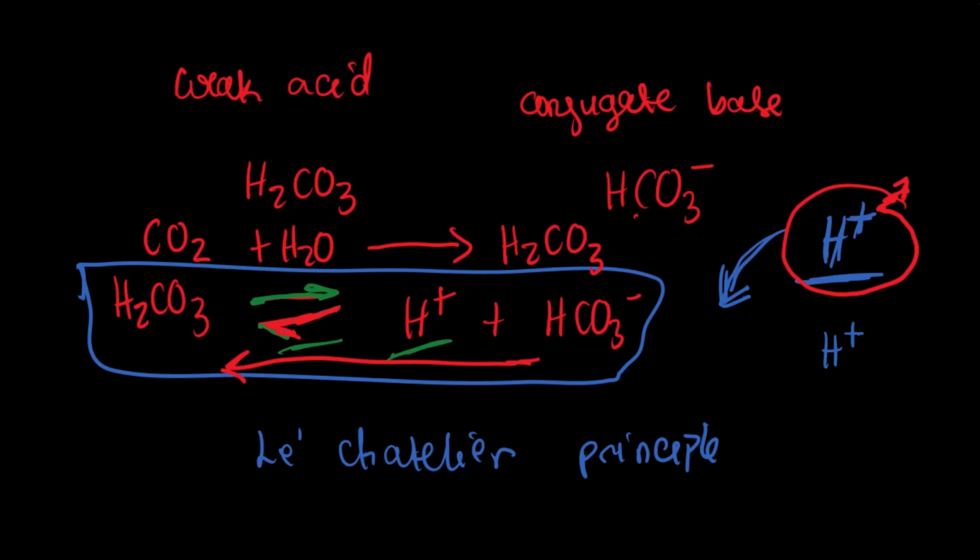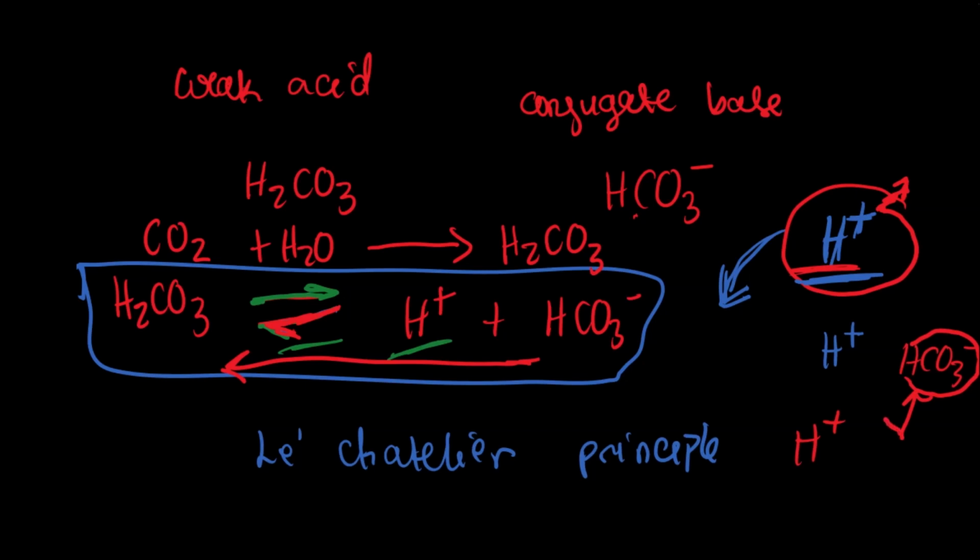And this also makes sense because when we add these hydrogen ions into the system, we have a lot of hydrogen ions in the system, and we also have HCO3 minus ions in the system. Now, from collision theory, an increase in concentration leads to a rise in the rate of the reaction.